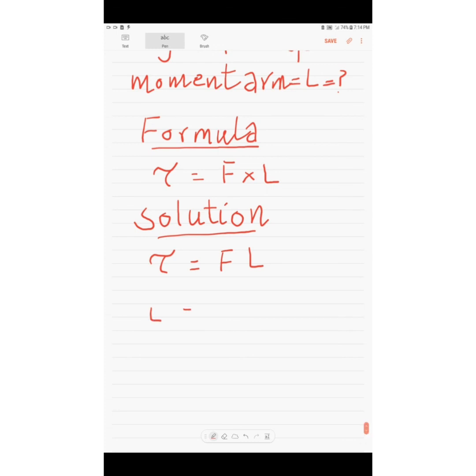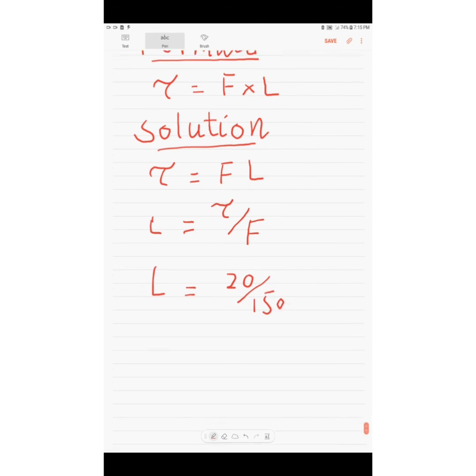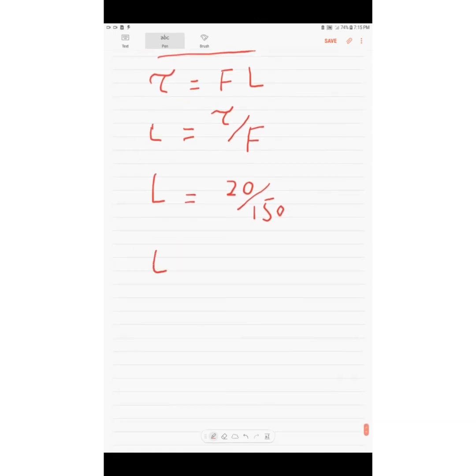L is equal to tau over F. L is equal to 20 over 150 Newton. L is equal to 0.133 meter. This is very small value.